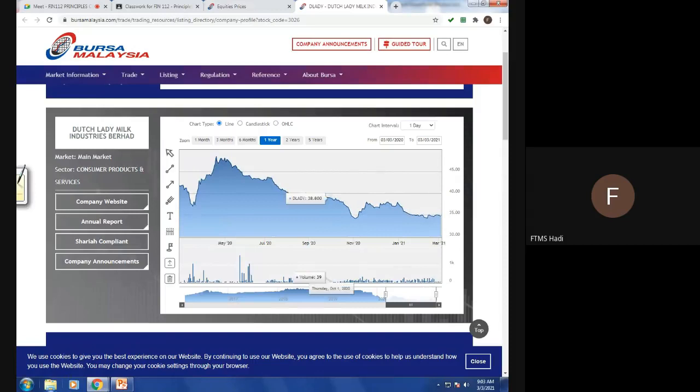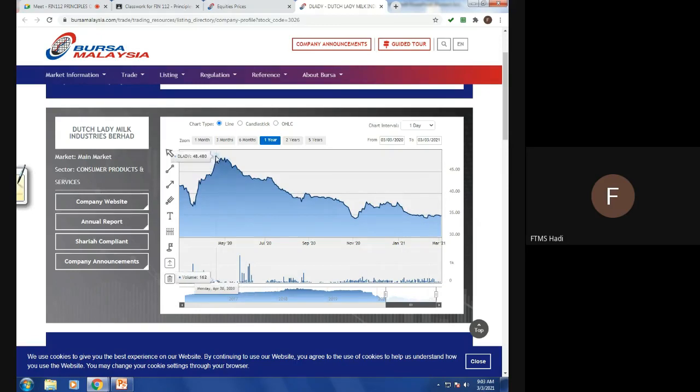As you can see, this one was 48 ringgit, and then later on in May 2020, and later on this March, it went down to 34 ringgit. So Dutch Lady share price has suffered some losses.